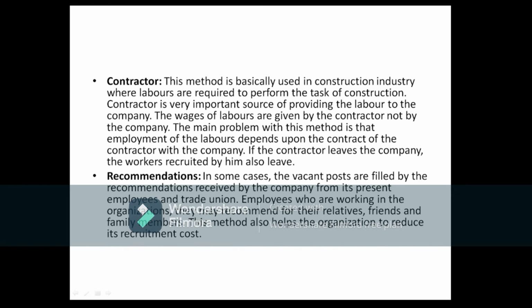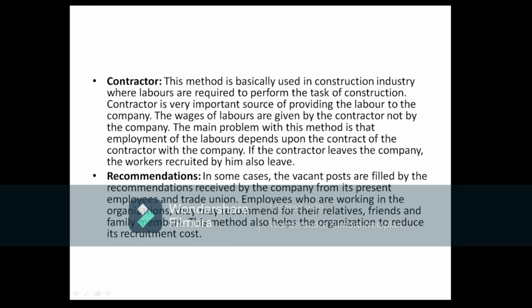The person who is already working in the organization can recommend for him or her. So this is another very good method. The company does not spend even a single penny in advertising the vacancy. Without spending the money, the company gets the appropriate candidates.